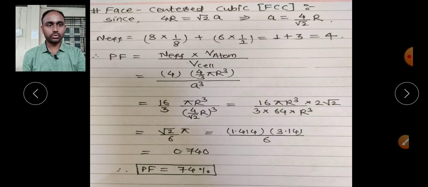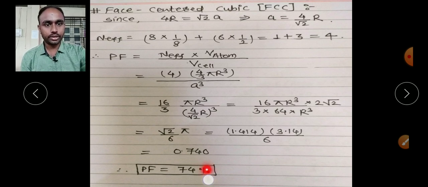So, substitute the values: root 2 is 1.414, pi is 3.14, in the denominator 6 as it is. If we multiply these two numbers and divide by 6, what we get is 0.740 something, but we will consider only 3 digits, 0.740, and in terms of percentage it is 74%.